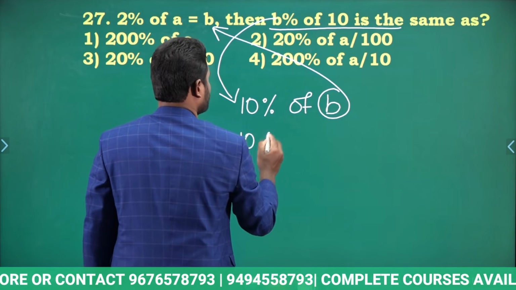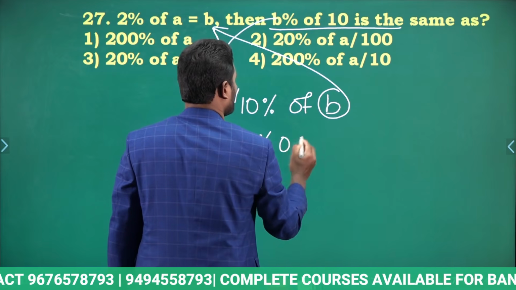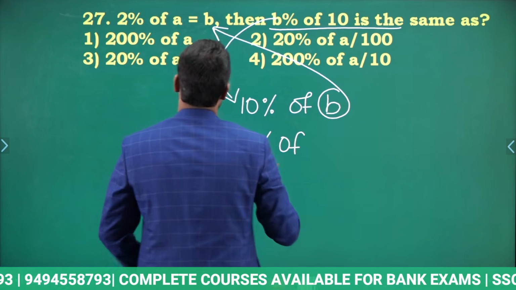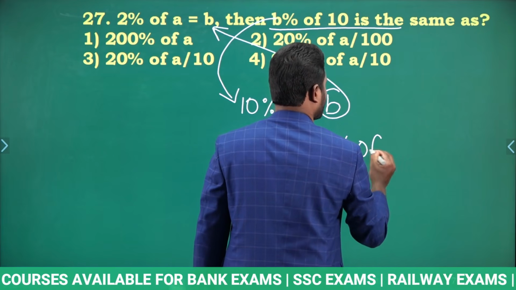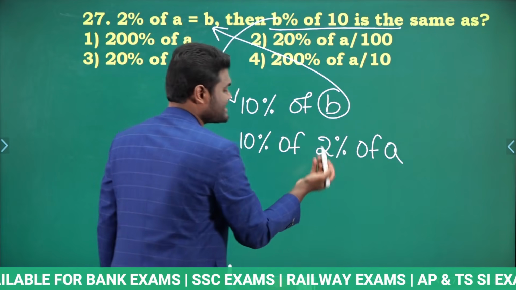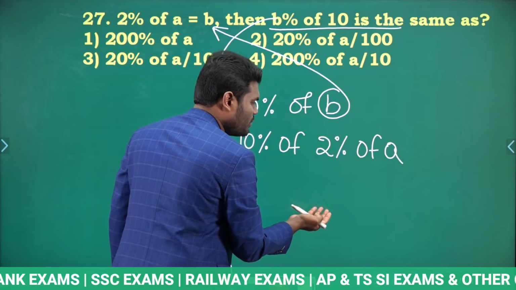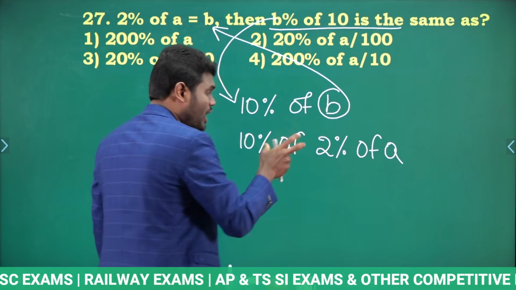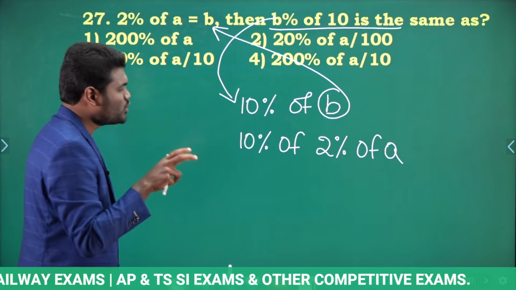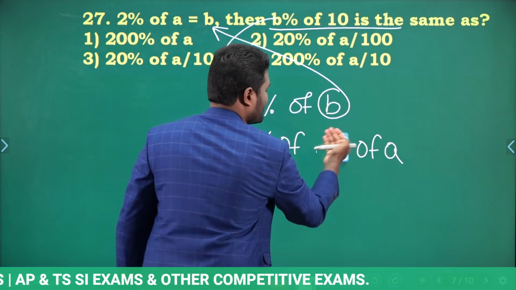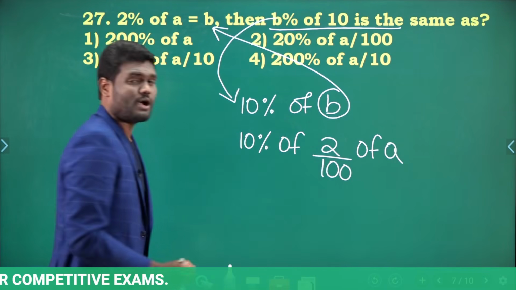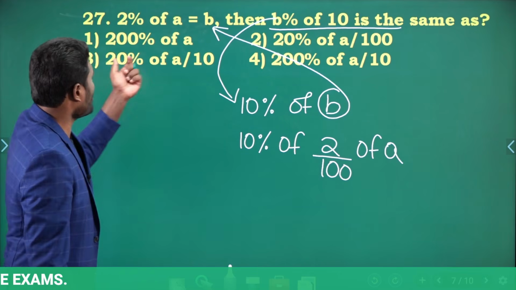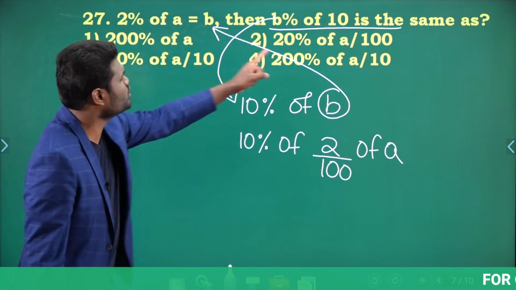When you substitute here, this is going to be 10% of B. B value is how much? B value is nothing but 2% of A. Yes or no? Now 2% of A is nothing but 2 by 100. Now if you observe here, all these options are starting with 2, 2, 2, 2.